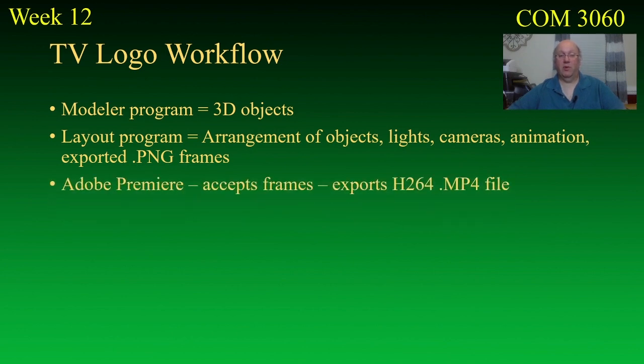Okay, then Adobe Premiere accepts the frames. Then you've got basically the ability to treat that as a movie clip, and then you can export your final product, including any tweaks you want to make, as an H.264 .mp4 file. And all of the instructions on that are in previous lectures.